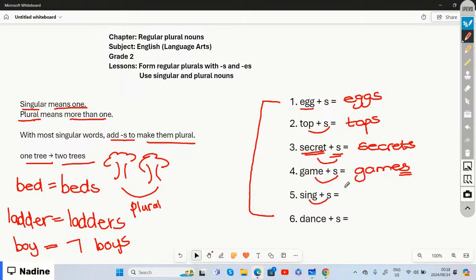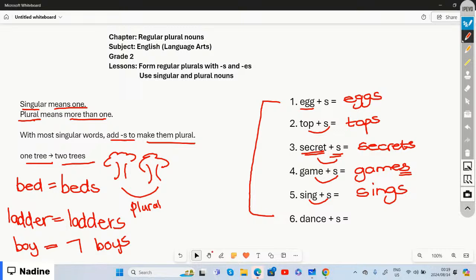All right, sing. If we add an S to the word sing to show a plural form, we can say sings.